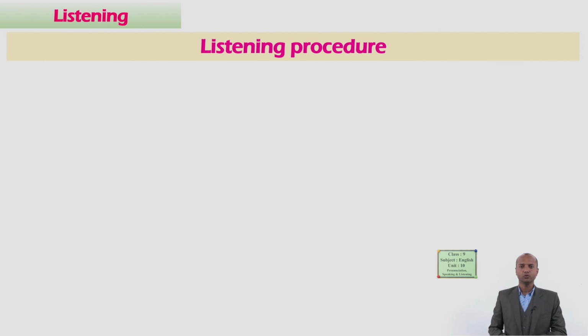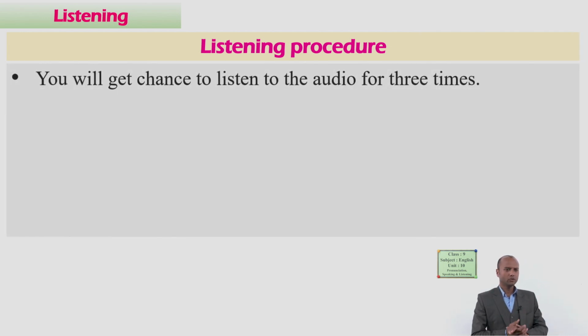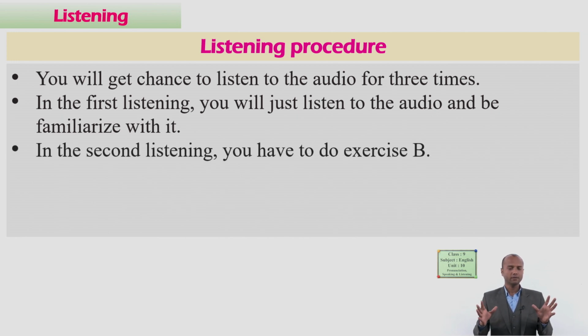So let's go to the actual listening phase. This is the listening procedure. You will get a chance to listen to the audio 3 times. How many times? Yes, 3 times: first, second, and third. In the first listening, you'll just listen to the audio and familiarize yourself with it. You don't do anything in the first listening.